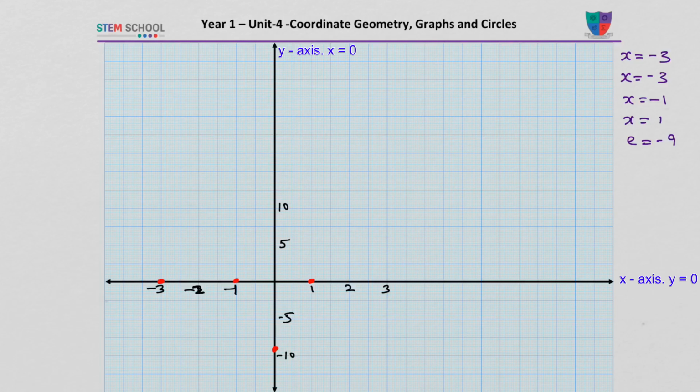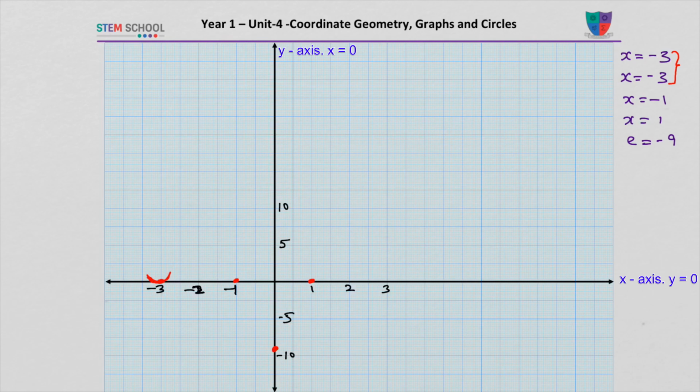But because the graph is quartic, that is an even exponent, it will start from the second quadrant, and because it's got 2 equal roots here, the graph will be sitting on that root like that.